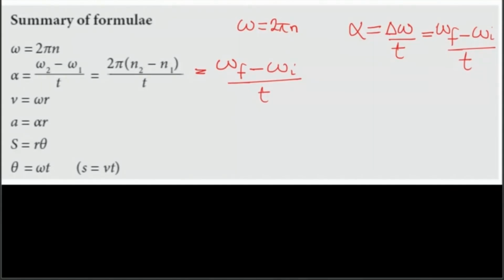And then these are the formulas connecting the linear and the angular quantities. This is for velocity, this is for acceleration, and this is for distance. This is for angular displacement, which is theta.